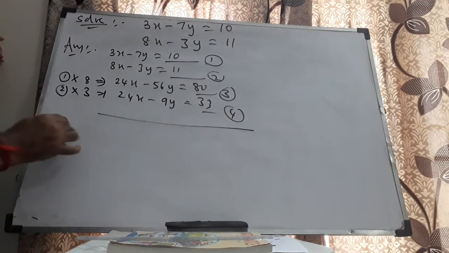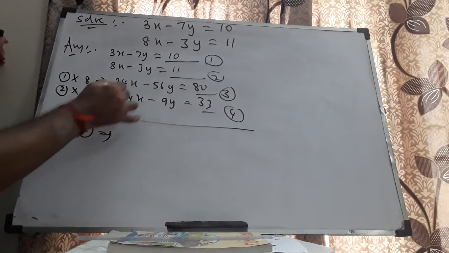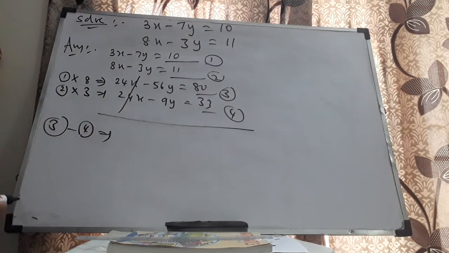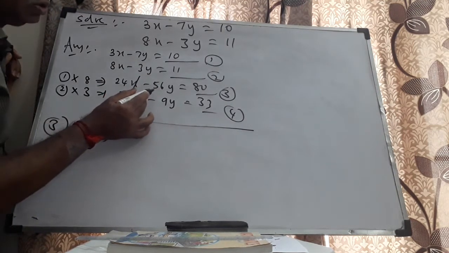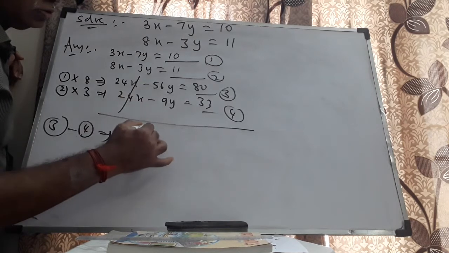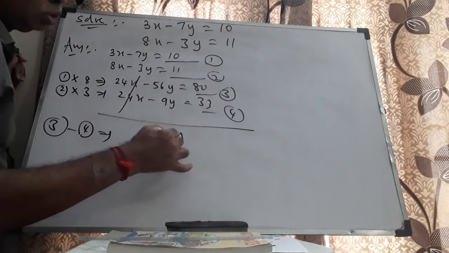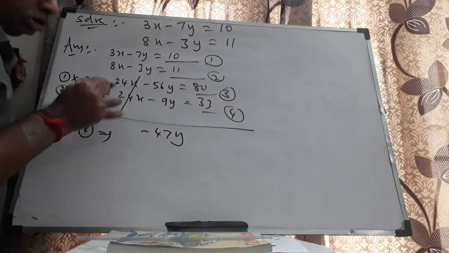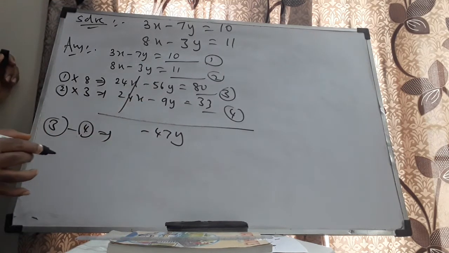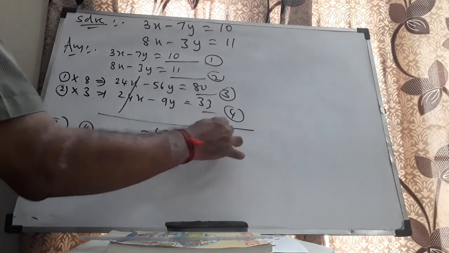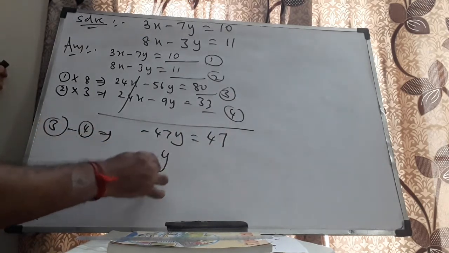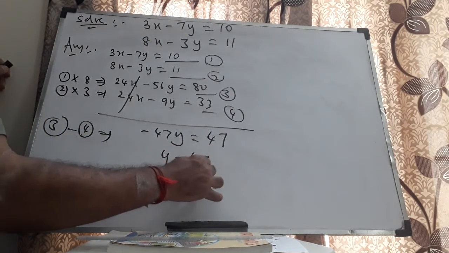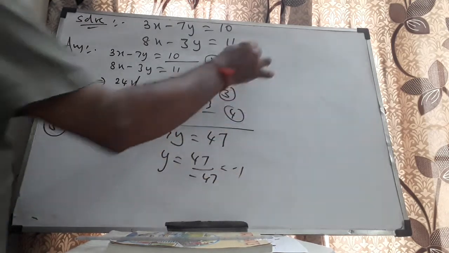Now let me apply 3 minus 4. 24x minus 24x goes off. Here this is minus 47y, since minus of minus 9y is plus 9y. Minus 47y is equal to 47. Therefore y becomes 47 by minus 47, which is equal to minus 1.